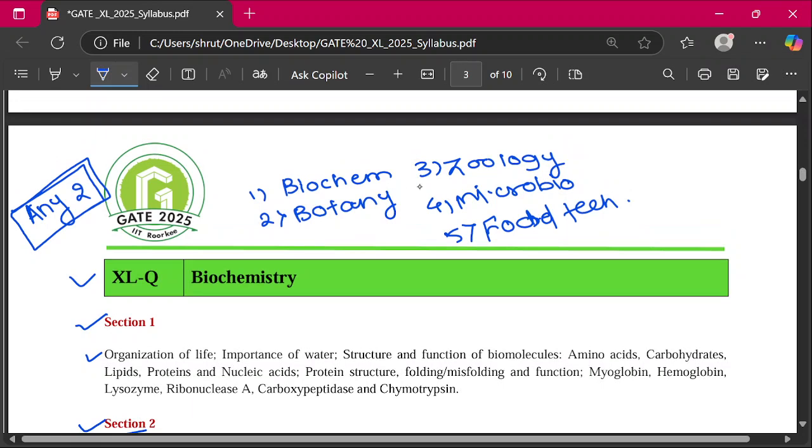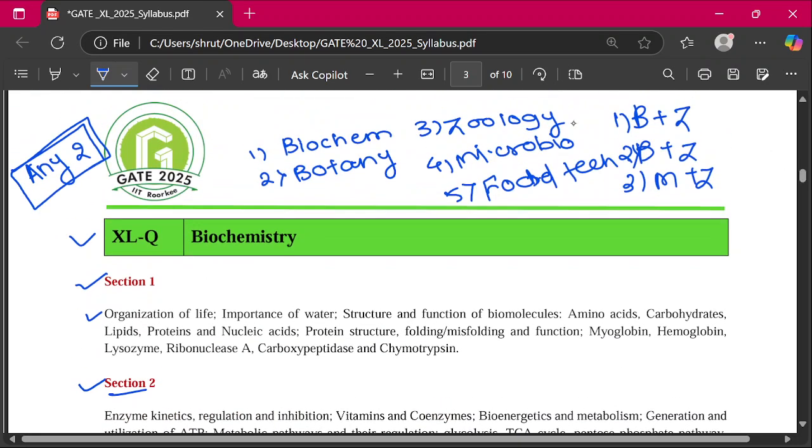You can choose any of the five. Many candidates choose biochemistry plus zoology, botany plus zoology, or microbiology plus zoology, or any other combination of your desired choice. So that was all about the GATE Excel syllabus of the elective subjects.